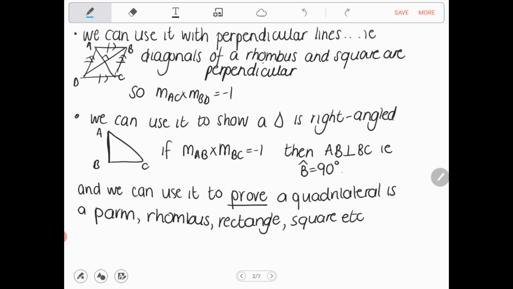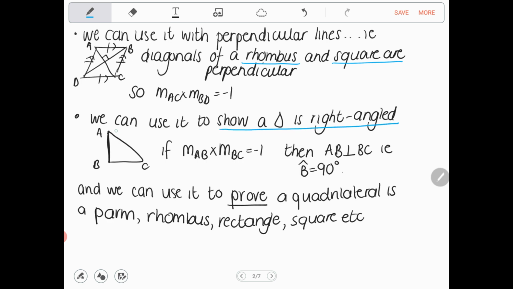We can use it to show perpendicular lines. So if we have a rhombus or a square, one of the properties is that the diagonals are perpendicular. So we would be able to say, well, the product of the gradients of the two diagonals has to be equal to -1. We can use it to show that a triangle is right-angled.